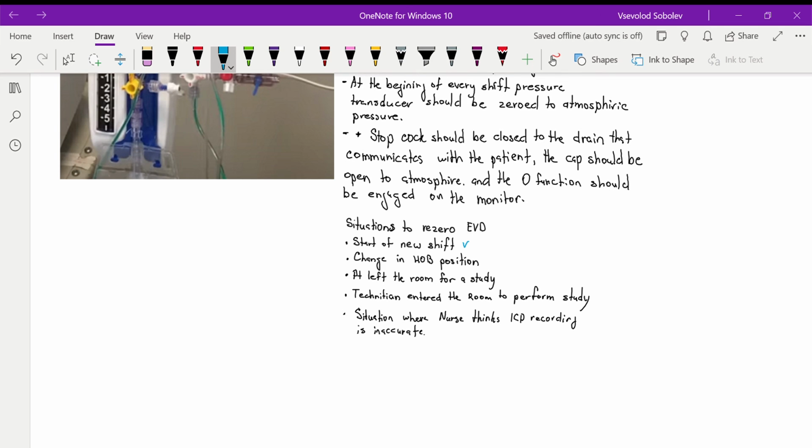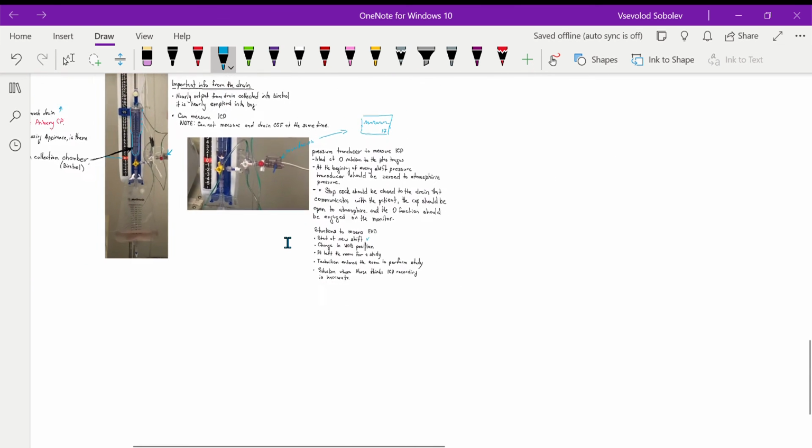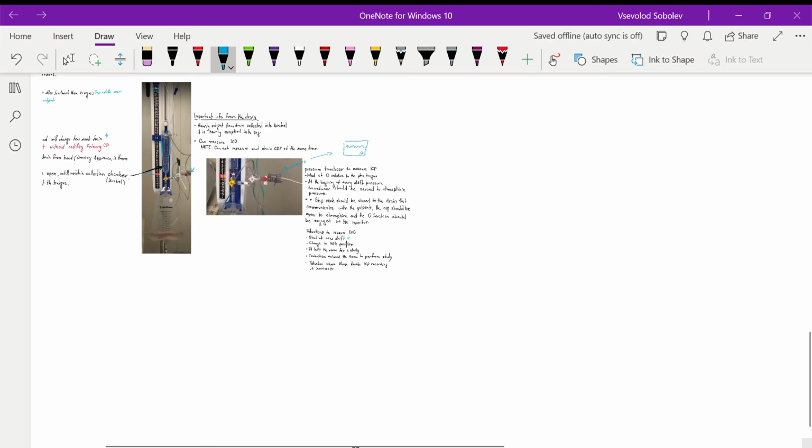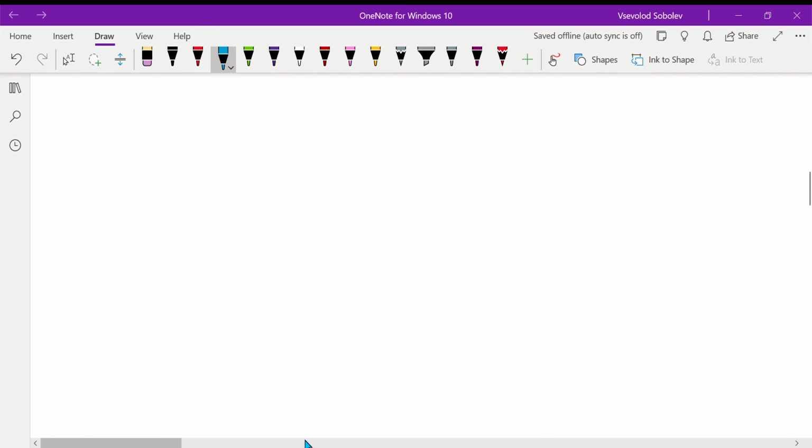Technician entered the room to perform a study. Situation where the nurse thinks the intracranial pressure recording is inaccurate. So at any time as a nurse you think it's inaccurate, you can zero it and calibrate. So what are the important things you would document?